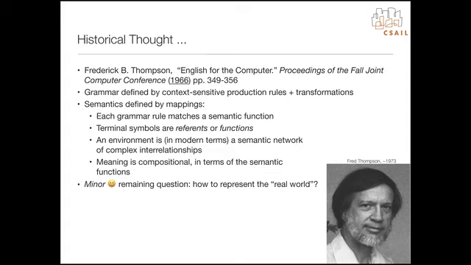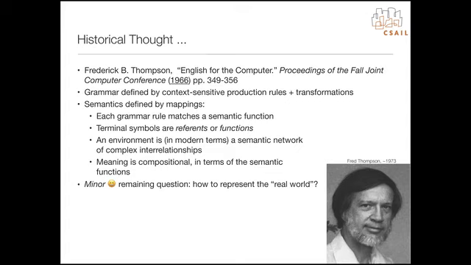And his idea was that the way to process English is to assume that there's a grammar, and any English text that you run across, you parse according to this grammar, and that each parsing rule corresponds to some semantic function.